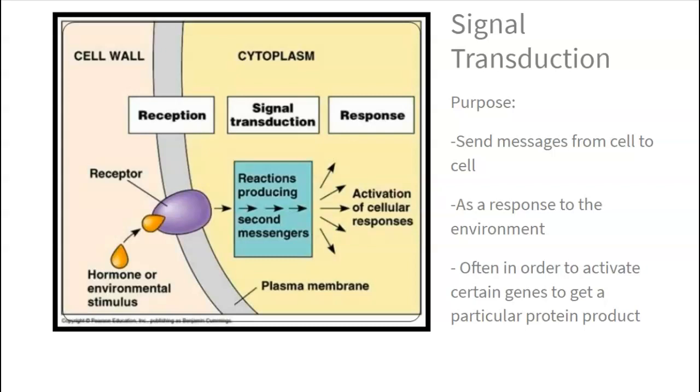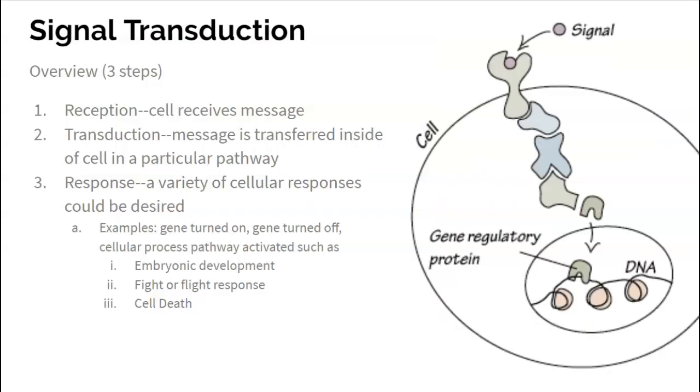So with signal transduction, we have three general steps here. The first step is the reception step. This is where the cell actually gets the signal. We're going to go through each one of these in more depth in just a second. The transduction of signal transduction is the message getting transferred inside of the cytoplasm. And then the third step is the response.